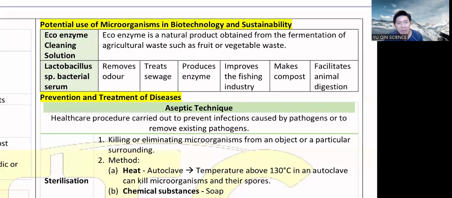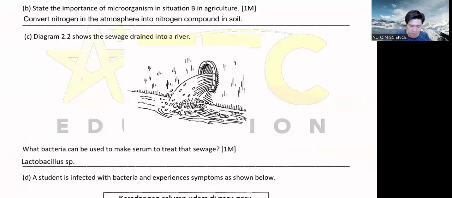Potential use of microorganism in biotechnology and sustainability. There's this thing called lactobacillus bacterial serum to treat sewage or the poop and shishi and whatnot. Remove odor and yeah, so it's called lactobacillus SP. SP stands for species.